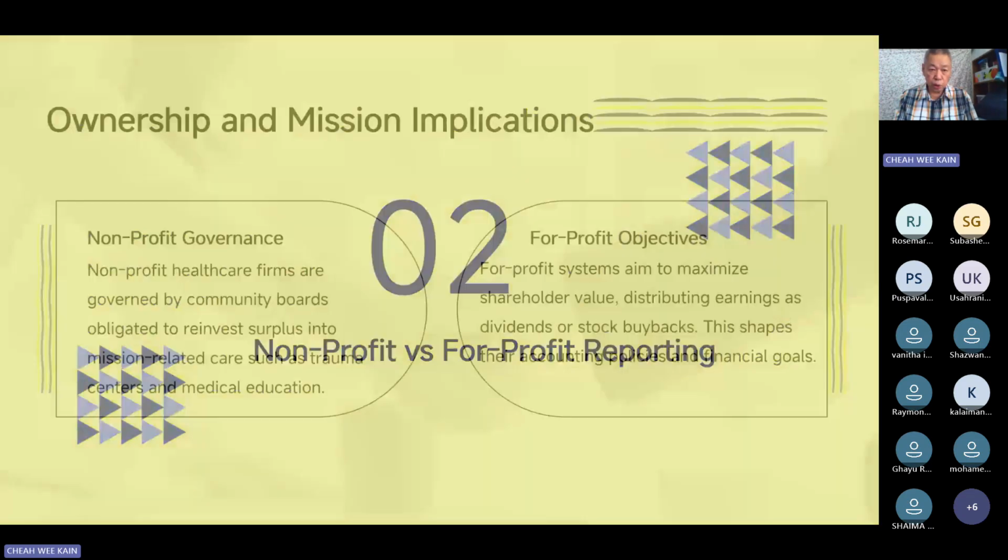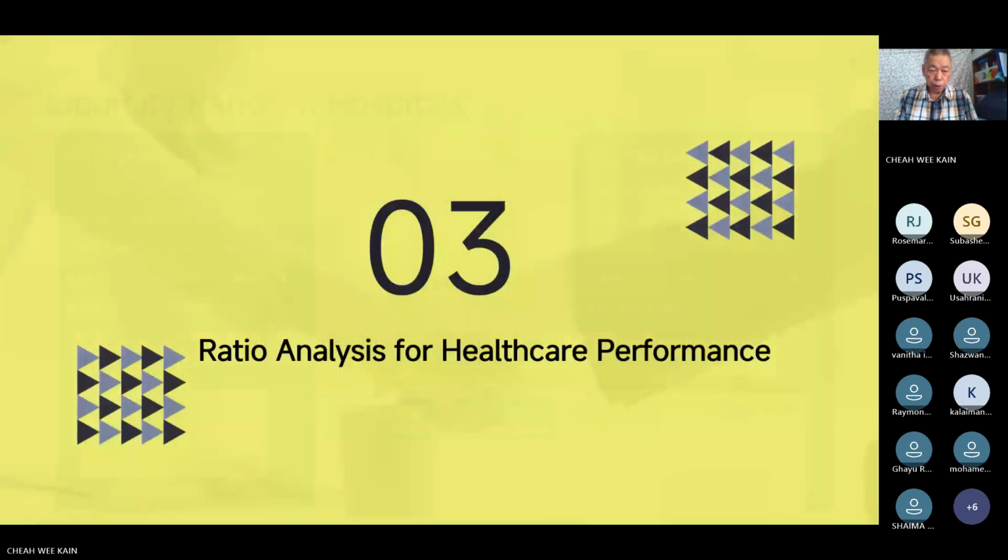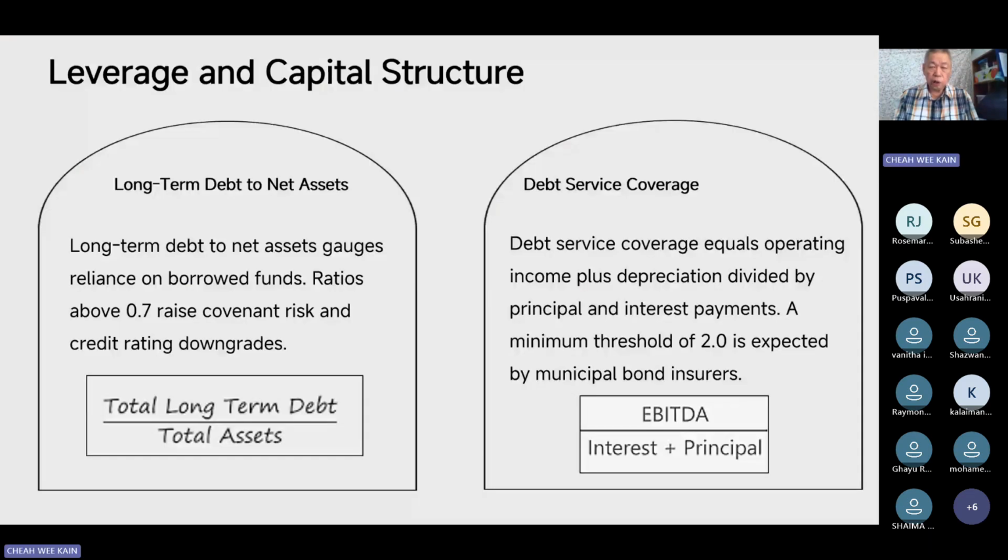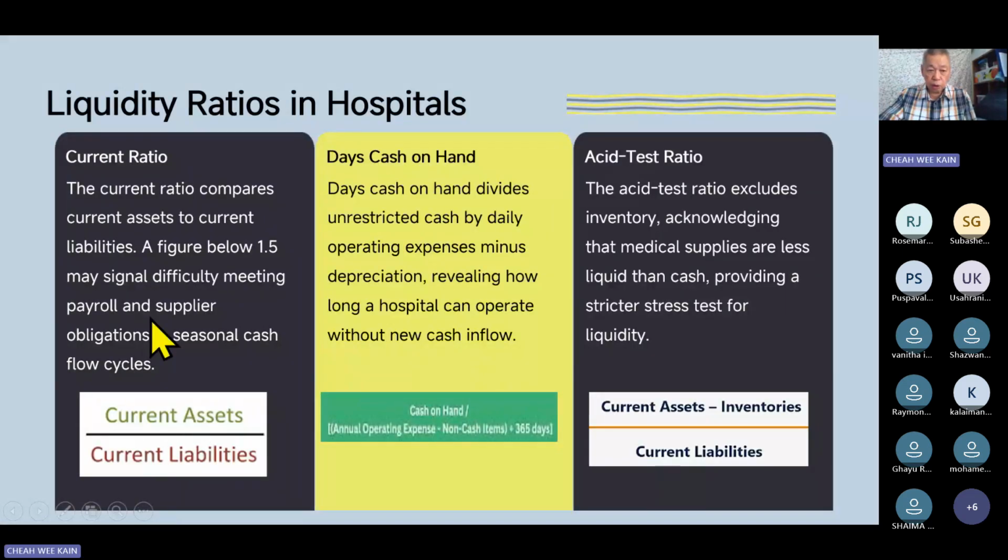There are many types of ratio. So, the liquidity ratio, this is the formula. Here there is a remark: a figure below 1.5 means significant difficulty meeting payroll and supplier obligations. Days cash on hand is a formula. If you hold too much cash, why are you holding so much? The cash should be converted into bank deposits, right?